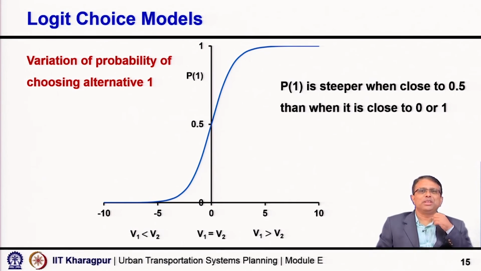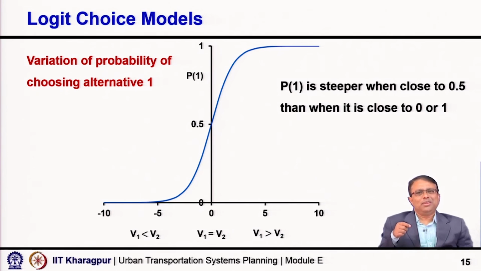Take the simple case: you have bus and train, equal fare, and all other attributes, travel time and so on, for the moment let us consider them identical. Only the fare is the same. So, what will happen? 50%, 50%, 0.5, 0.5. Now, you make the rail a little cheaper, what will happen? A lot of people will try to shift to rail.